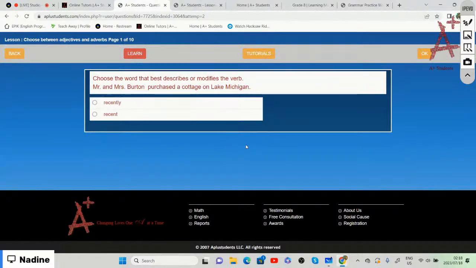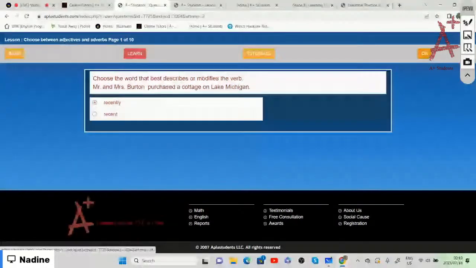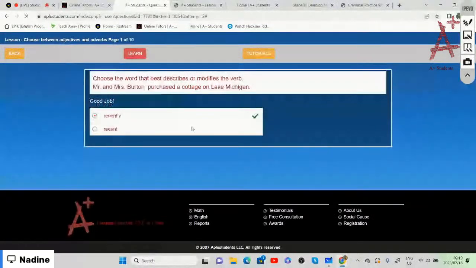So if we choose between the two words, then we will choose recently, because recently is an adverb that best describes or modifies the verb, right? Because purchase is the verb and recently is the adverb. Recent is the adjective.